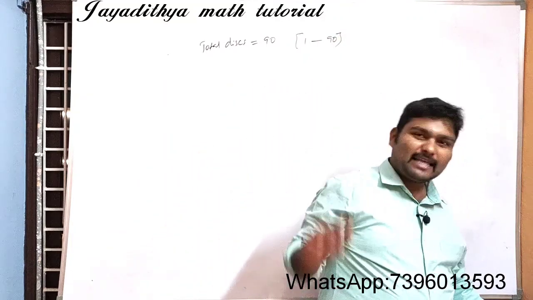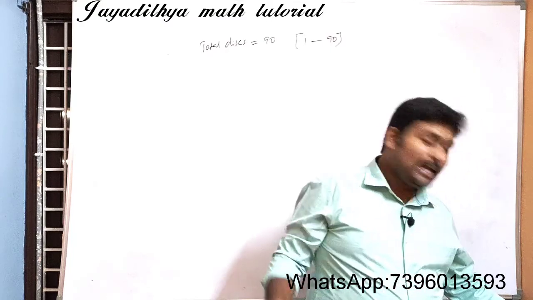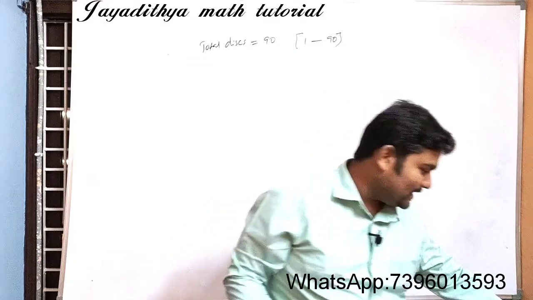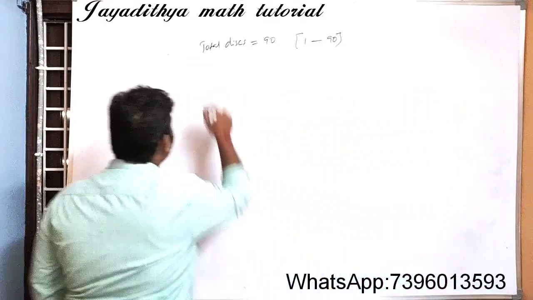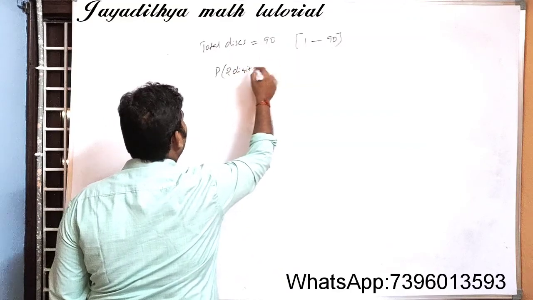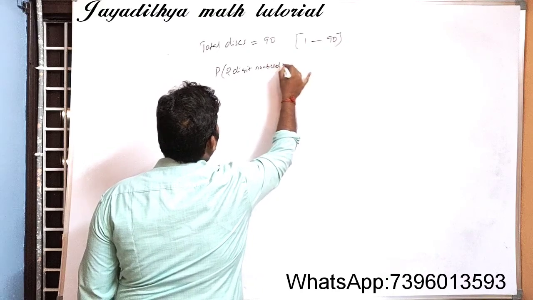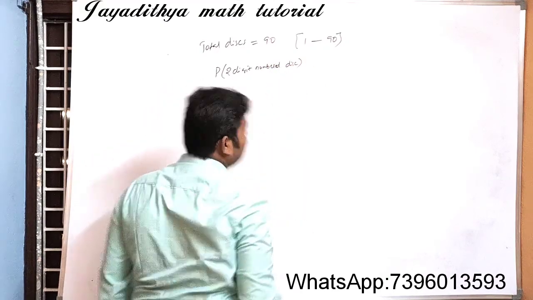If one disc is selected at random from the box, find the probability that it bears a 2-digit number. That means we should find the probability of a 2-digit numbered disc. That is one question.